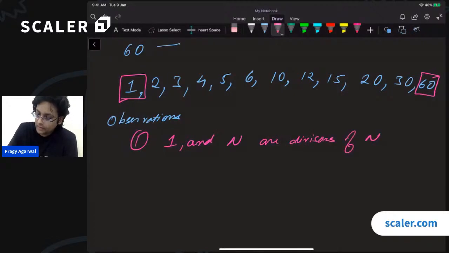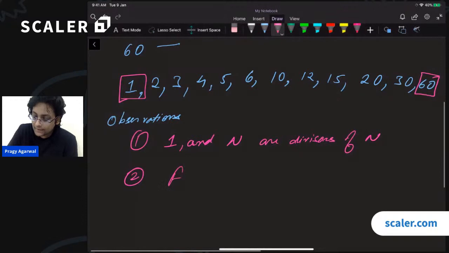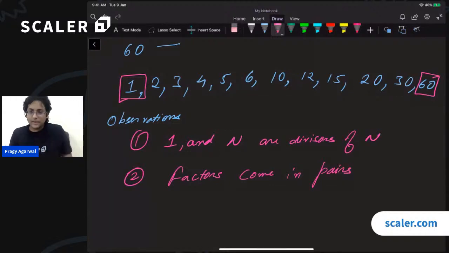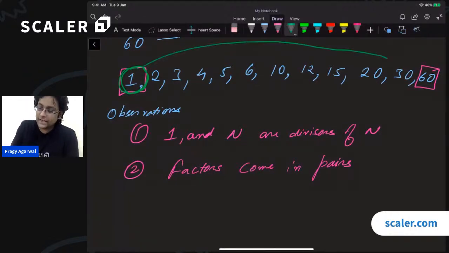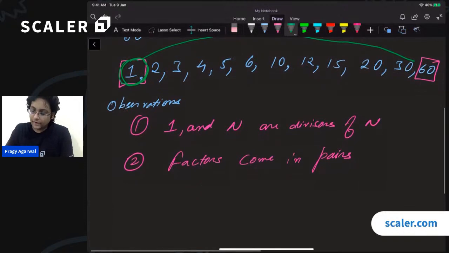The second thing that we notice is that factors come in pairs. What do I mean by that? I mean that given any factor, there is a corresponding factor. So if I pair 1 with 60, then I will get 60, 1 times 60 equals 60.